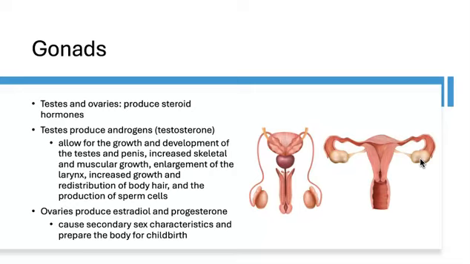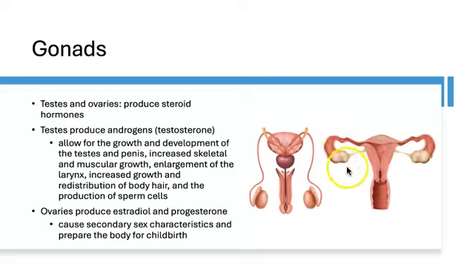Our testes will produce androgens such as testosterone, and this allows for growth and development of the testes and the penis. It increases skeletal and muscular growth, enlarges the larynx so it deepens the voice, increases the growth and redistribution of body hair, especially in the axilla, face, and the pubic region, and will aid in production of sperm cells.